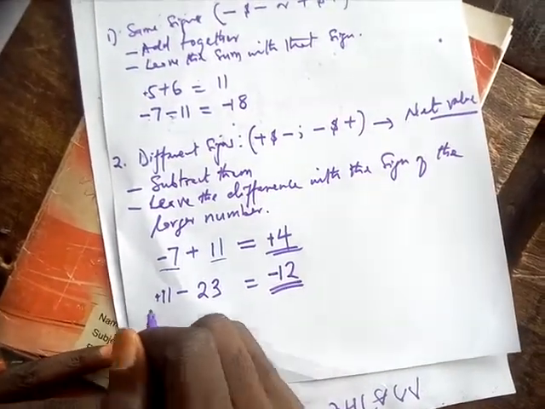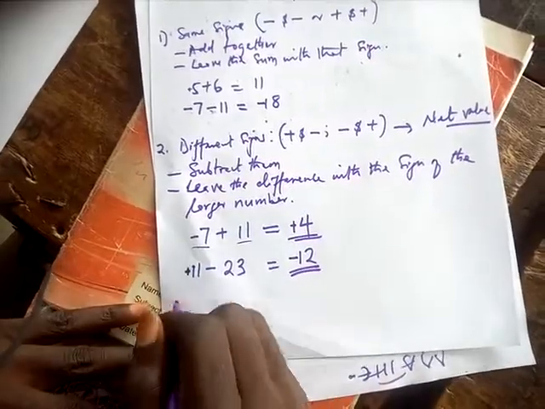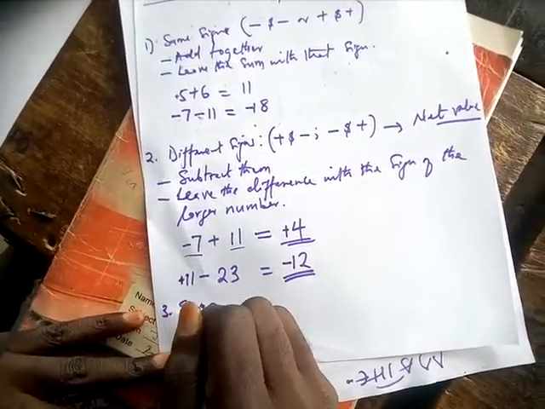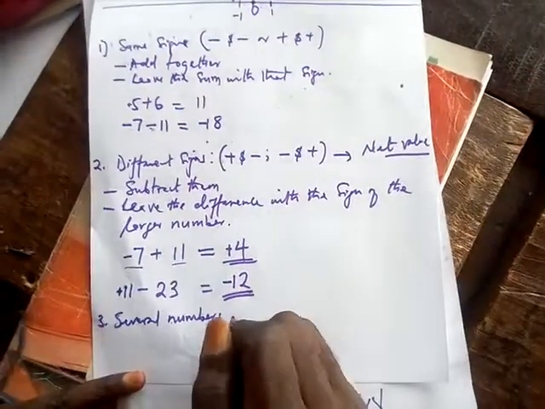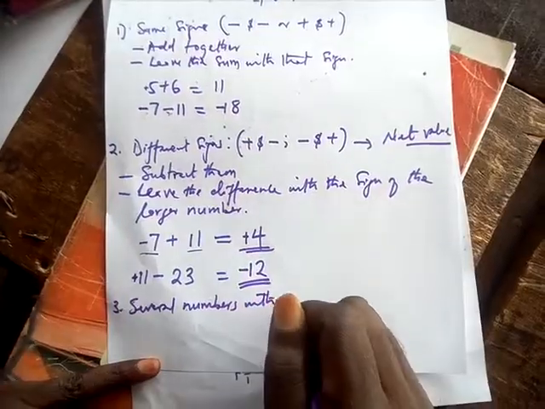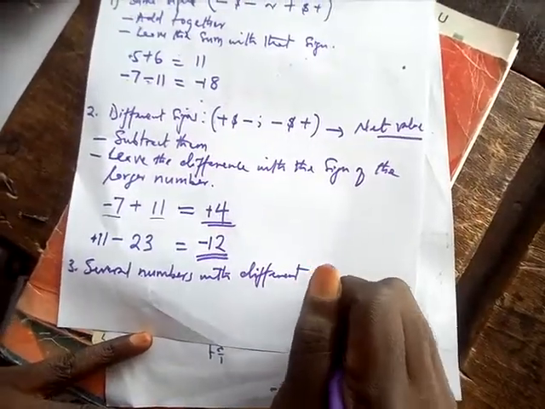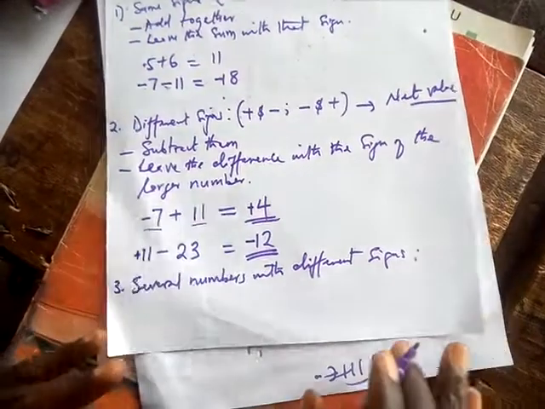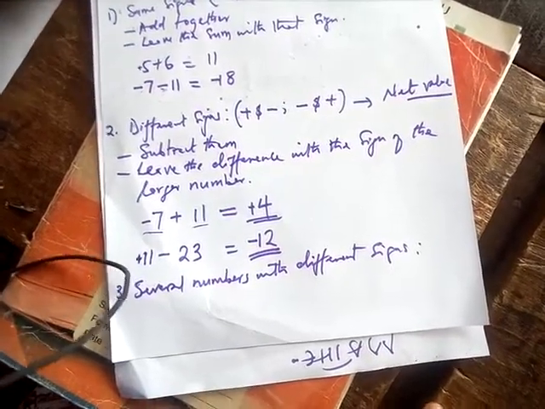For the last example, let me call it number 3. If there are several numbers or terms with different signs, what you do is group them according to which signs they have.